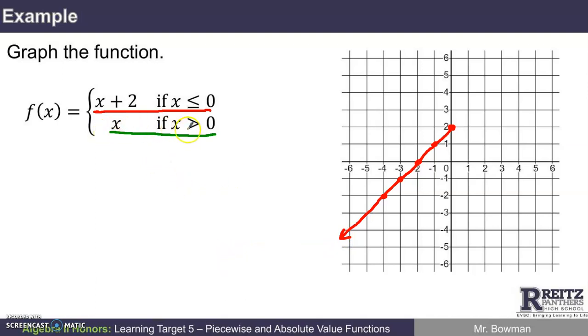Now let's do the other half. And the rule here is pretty simple. If x is greater than 0, just give me the same value that you put in as the output value. Just give me x. So when x is 0, well, y is 0. Now I don't want to make this a filled in dot. This says only for the ones that are greater than 0. So let's put a little open dot at 0, 0. But when x is 1, y will be 1.